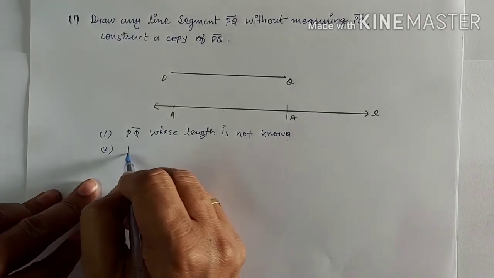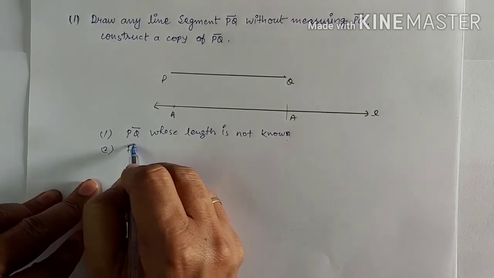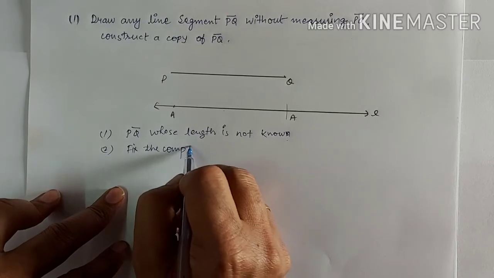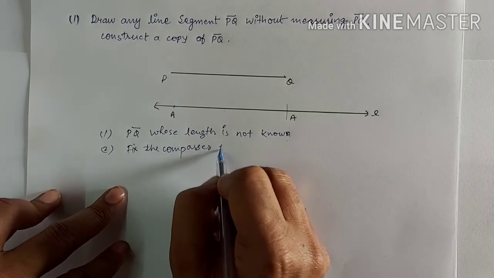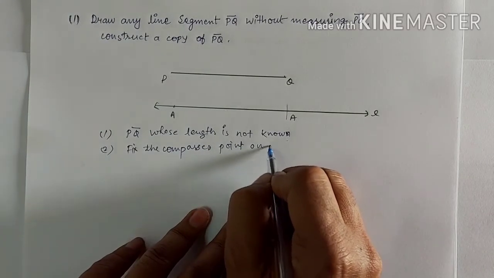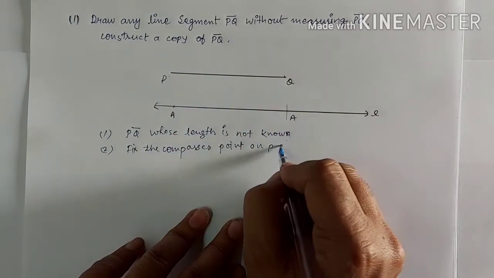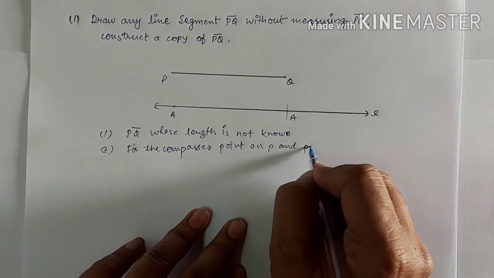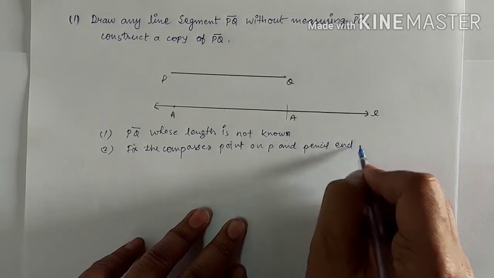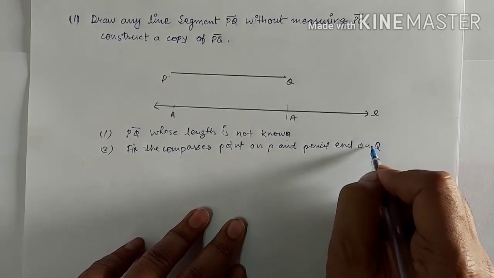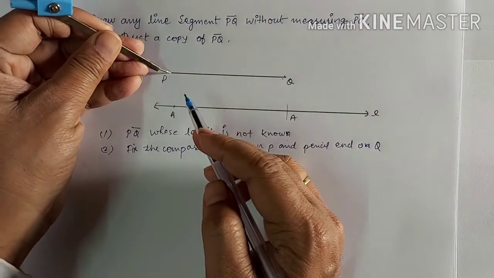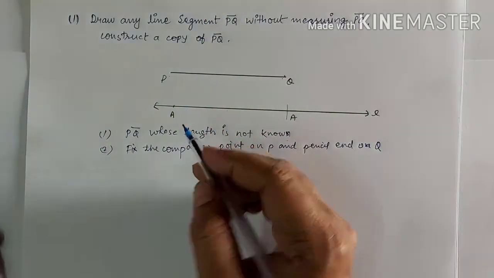Second, now fix the compass pointer on P and pencil on Q. Okay, first the pointer is on the point P and the pencil end on Q.